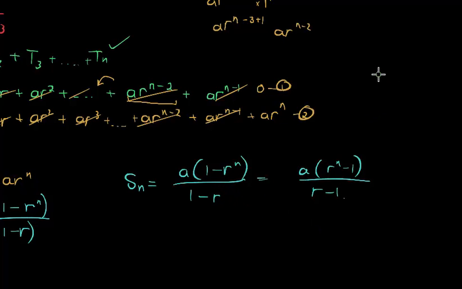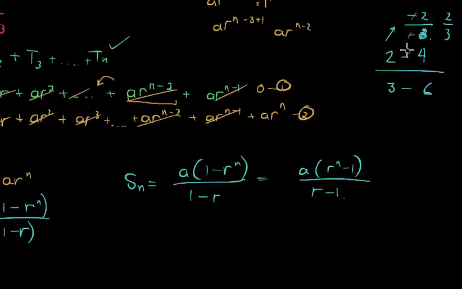Yes, because for example, if I say 2 minus 4 divided by 3 minus 6, what do I get in the top? In the top I get negative 2, in the bottom I get negative 3, so in the end I get 2 over 3.